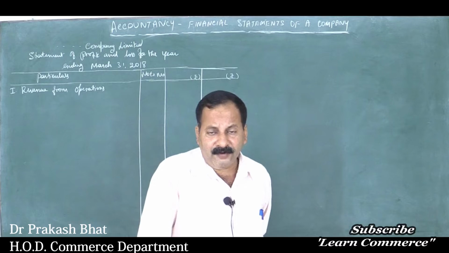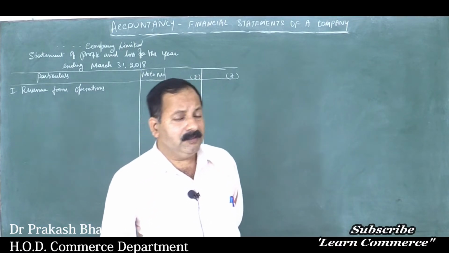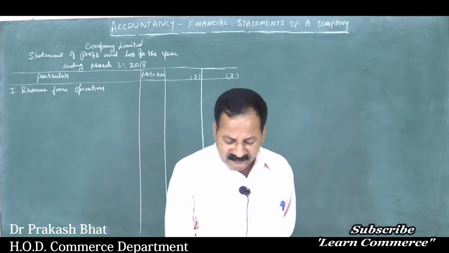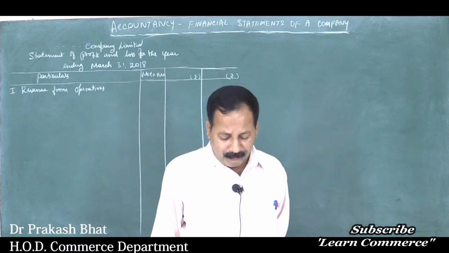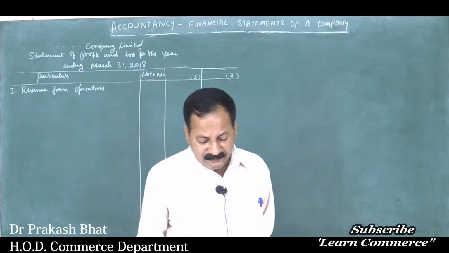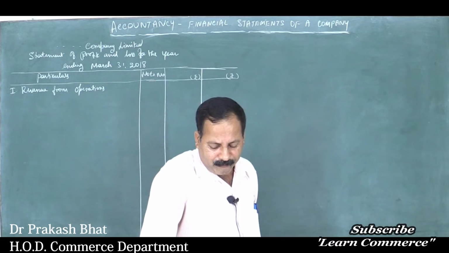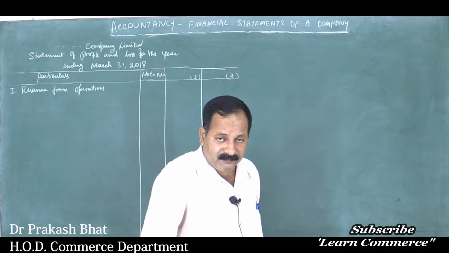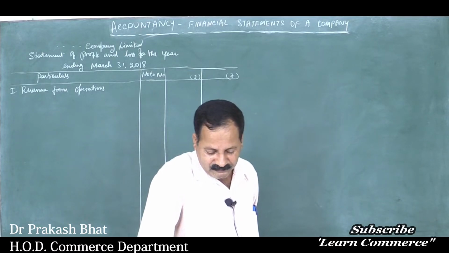Contribution to provident fund is given to employees, so employee benefit expenses. So for this you have to prepare a working note. Note number 1, employee benefit expenses: write wages and salaries, then contribution to provident fund, add it together, and that should be shown under employee benefit expenses.